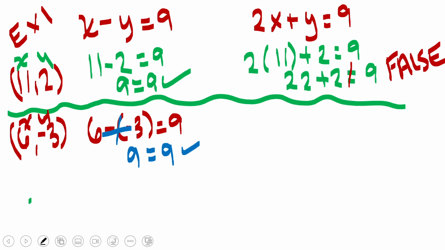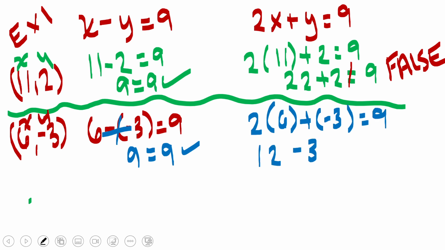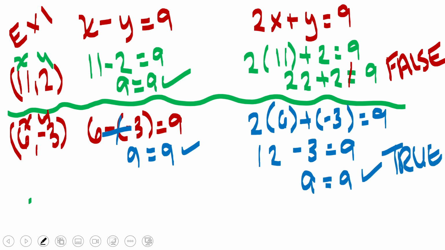Check. 2 times 6 plus a negative 3 equals 9. Okay, 12 minus 3 equals 9. 9 equals 9. Yes, true. The ordered pair (6, -3) is a solution for the system of equations.